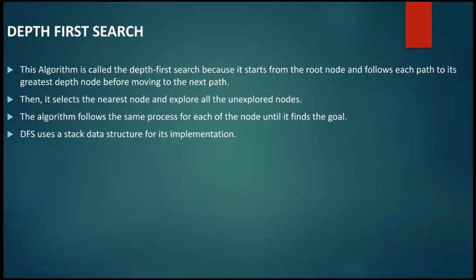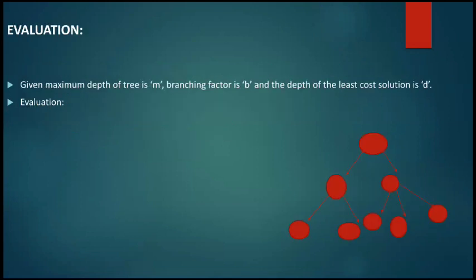Let's see an example, and we are going to evaluate it on the metrics that we discussed in the last class about BFS. So we are taking the same tree, given the maximum depth m, the branching factor b, and the depth of the least cost solution t. Let's see how the same tree is traversed in DFS.